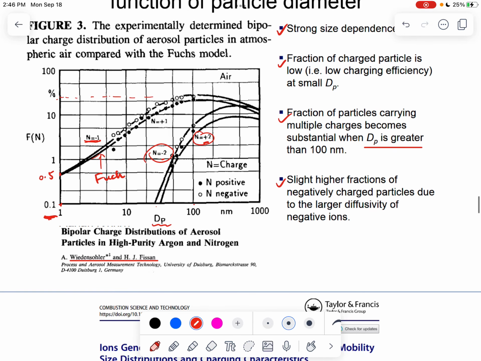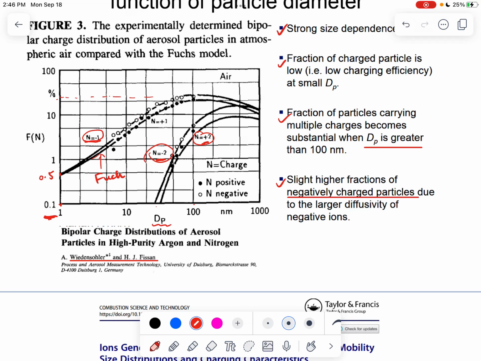And also you can see that there's a slightly higher fraction of negatively charged particles. For example, particles carrying -1 charge have a higher value compared to the fraction of particles carrying +1 charge, and the same thing for -2 and +2.